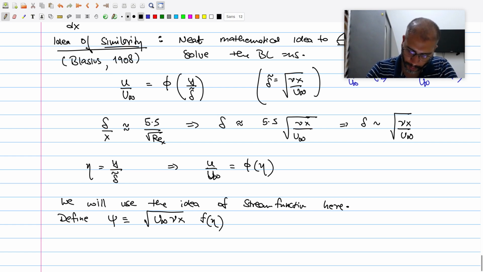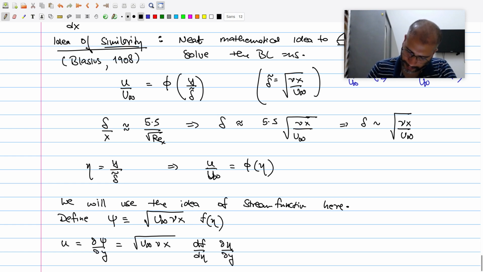So if this was a psi that has been proposed, what is u? u is del psi by del y, and if I put the values, f is only a function of eta, so I can use the chain rule here. This becomes df upon d eta, and then I have del eta by del y.